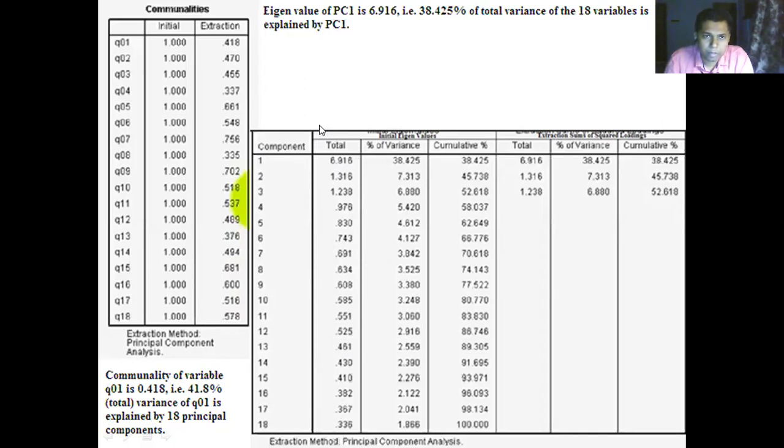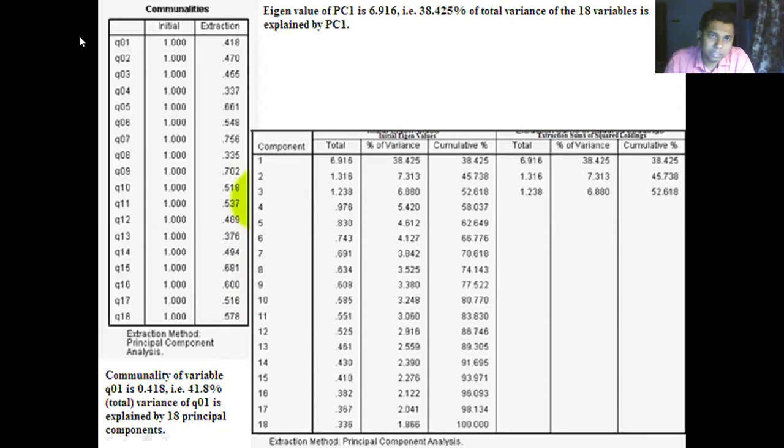If you take the summation of all these eigenvalues, you will get some total, suppose 14 or 15. If you divide 6.916 by 15, the total, and convert it into a percentage, then you will get this percentage of variance. So what does it mean? The eigenvalue of PC1 is 6.916. It means 38.425% of the total variance of the 18 variables is explained by PC1.